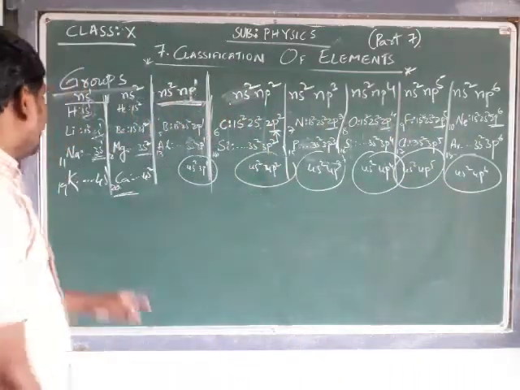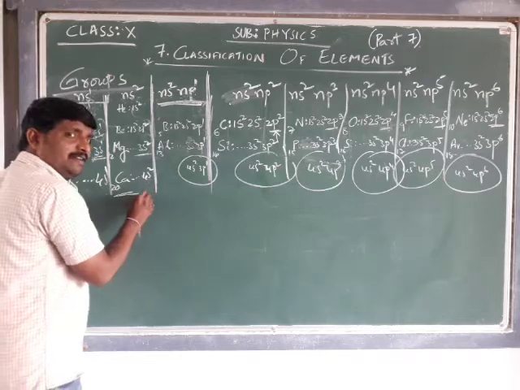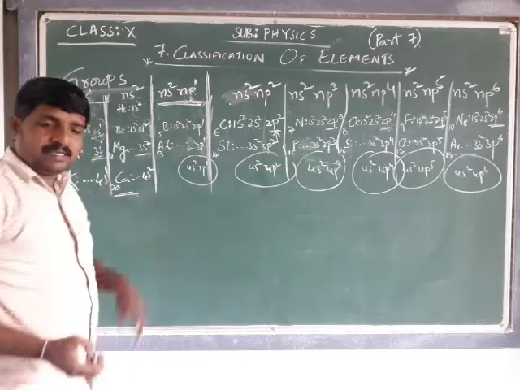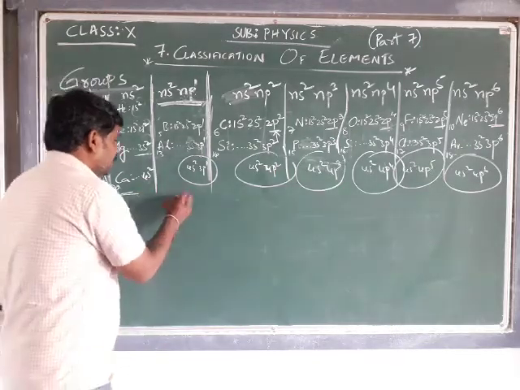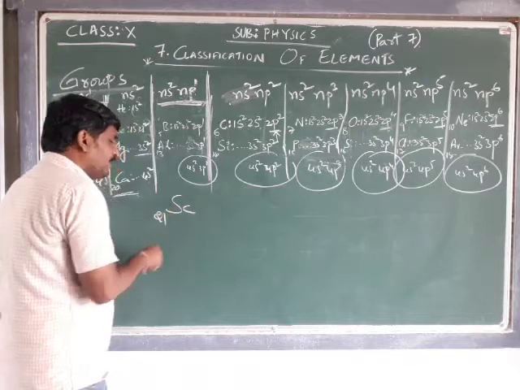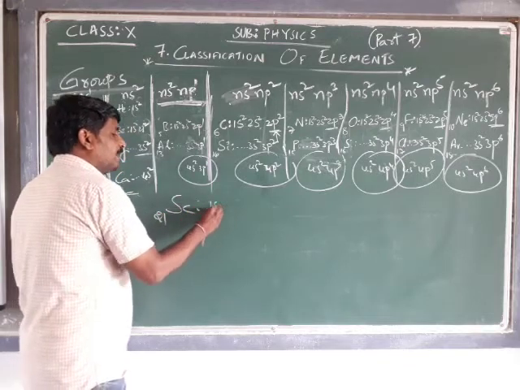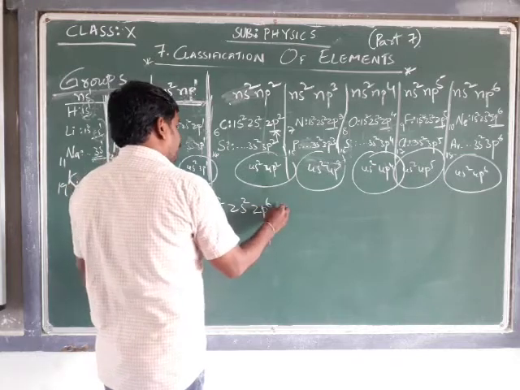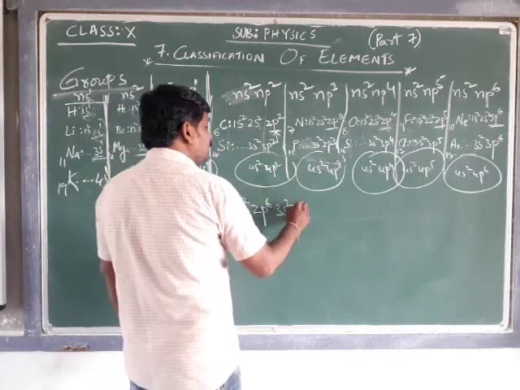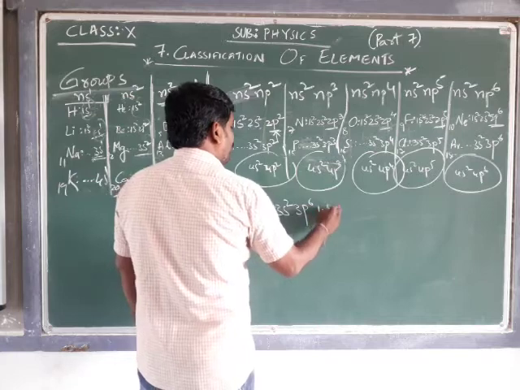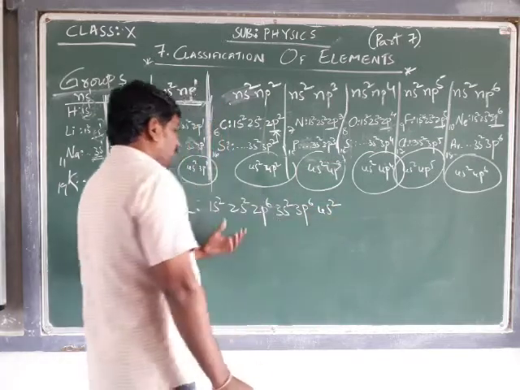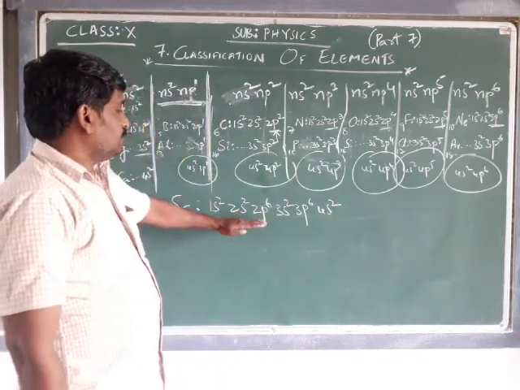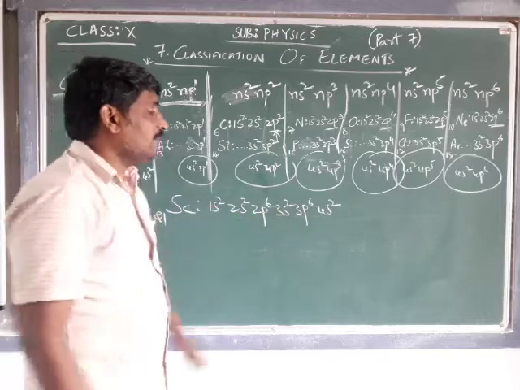But according to the configuration, if I go to the 21st element, it is scandium, Sc. If I write the configuration of scandium 21, it is 1s2, 2s2, 2p6, 3s2, 3p6, 4s2. See here, 10, 20, 4s2.